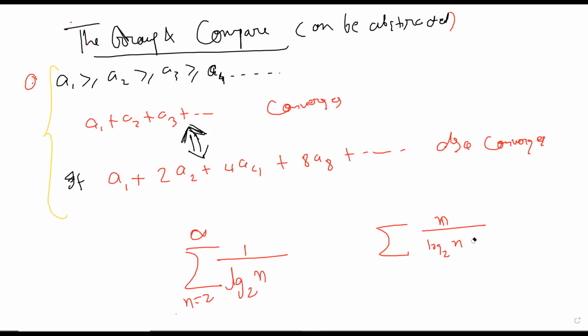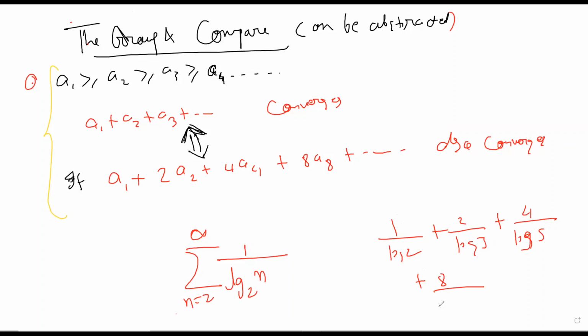So if I apply that, see, the given series is 1 by log 2, 1 by log 3, 1 by log 4, 1 by log 5. If I apply that, I'm going to get 1 by log 2, 2 by log 3, 4 by log 5, and then 8 by log 9.